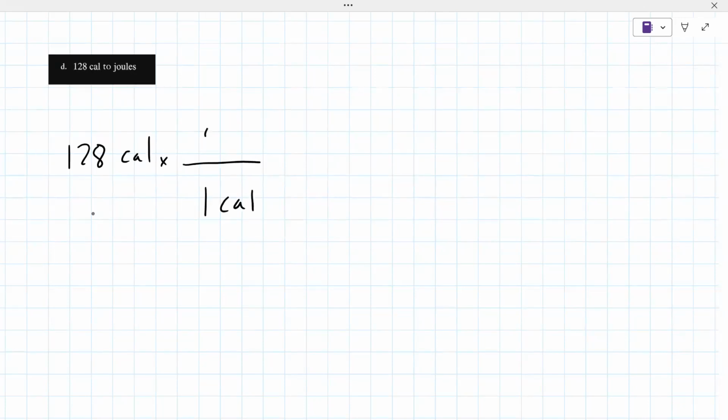One cal is 4.184 joules. So 128 times 4.184. Three significant figures. 535, no, 536. Yeah, it rounds up.